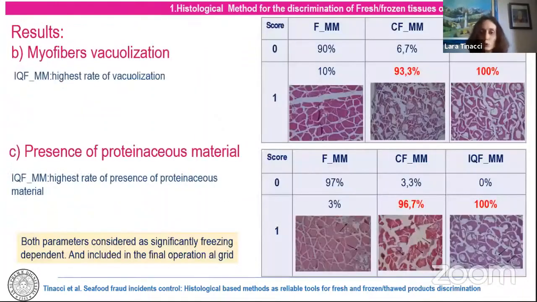About the other two morphological parameters, the myofiber vacuolization and the presence of proteinaceous materials, in all the frozen samples they were highlighted in a very high percentage, up to 100% considering the industrial freezing. This highlighted that both parameters had to be considered as significantly freezing dependent and had to be included in the final protocol for the discrimination.